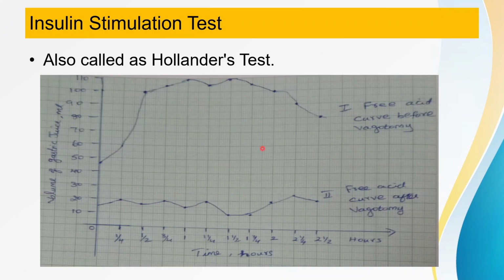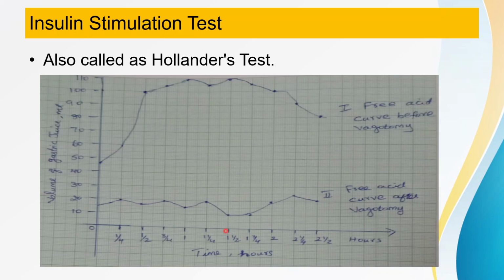Before vagotomy the level of secretion will be more, and after vagotomy you can see the difference from the graph itself. In patients who suffer from duodenal ulcer, we do vagotomy only to control this hypersecretion of gastric acid.